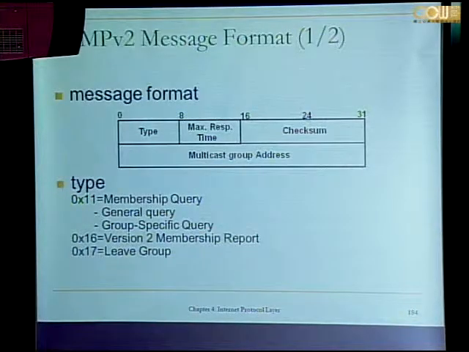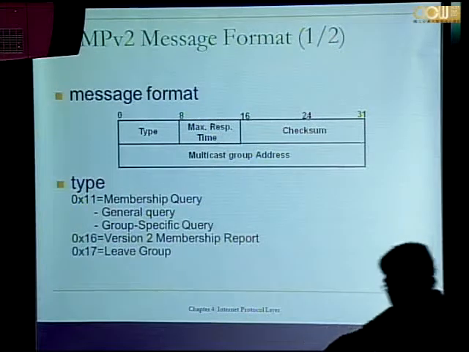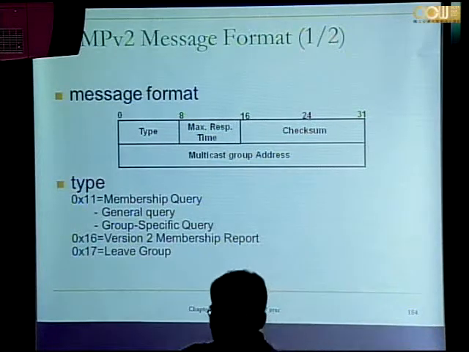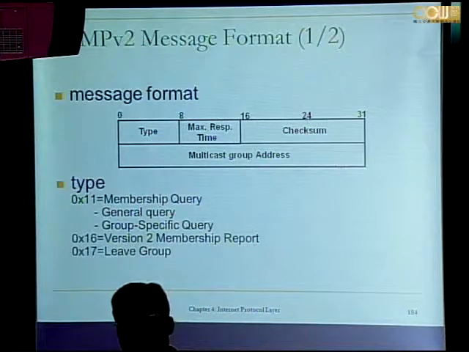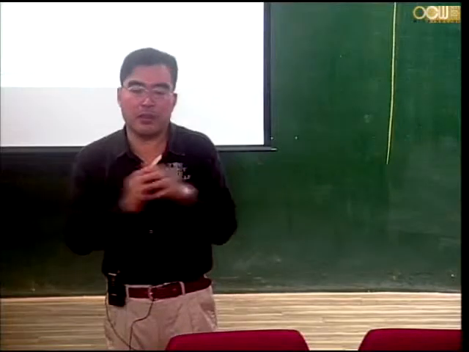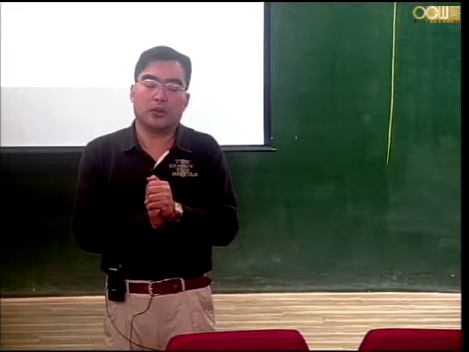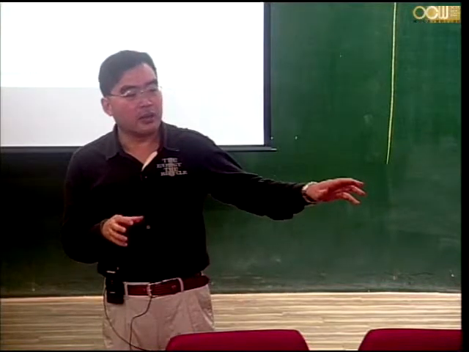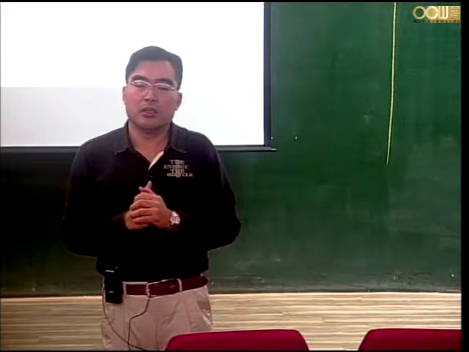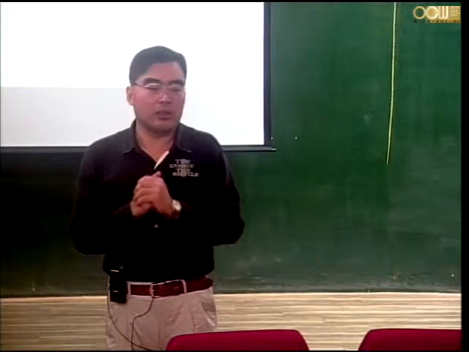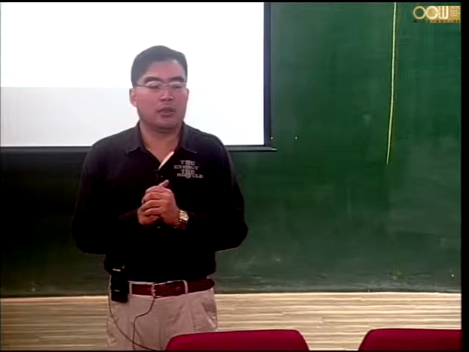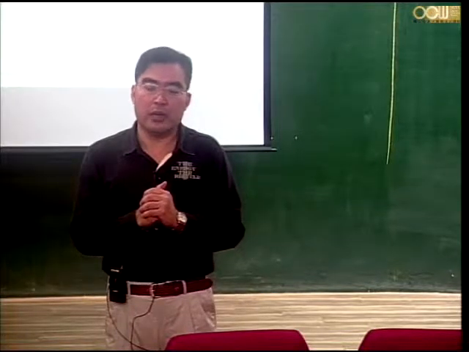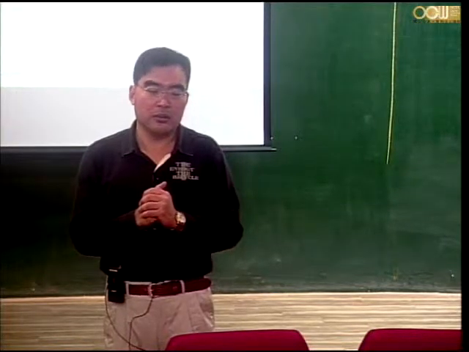So consider this: all the hosts are at the edge of the network, and each host will belong to a certain subnet. On a certain subnet, there's a router in charge of the group membership management, which is the querier.